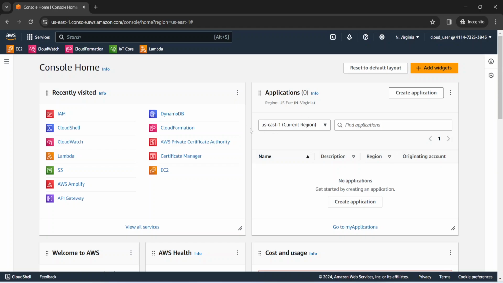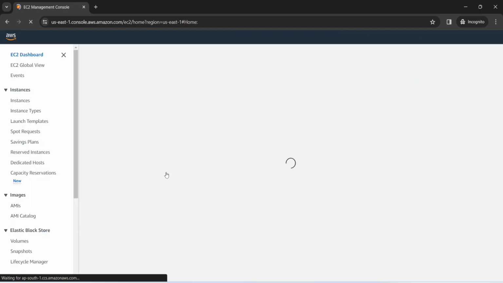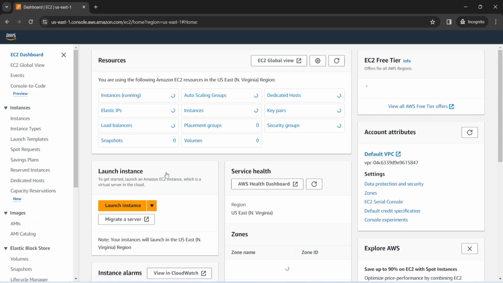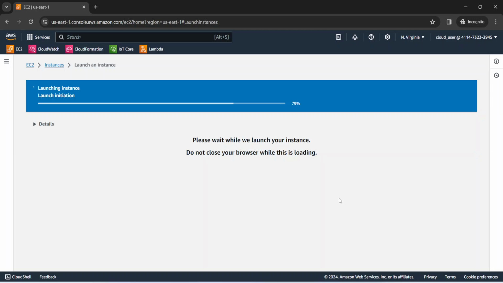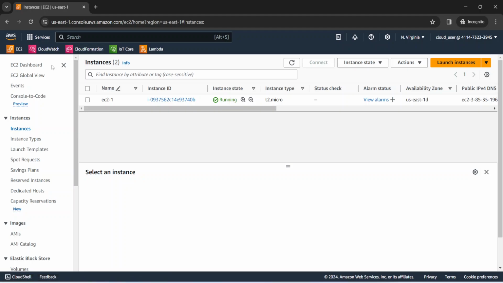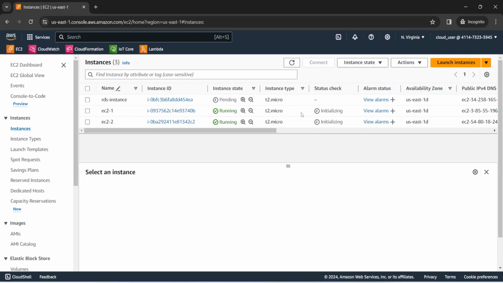So what I'll do is quickly spin up two or three EC2 instances. Without wasting time, I quickly launched three instances already.